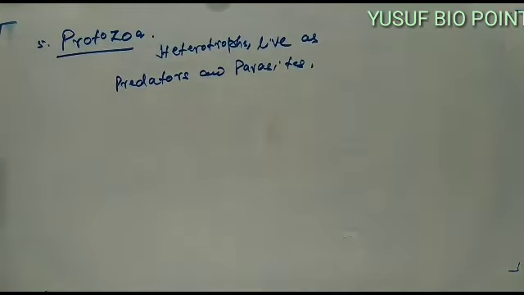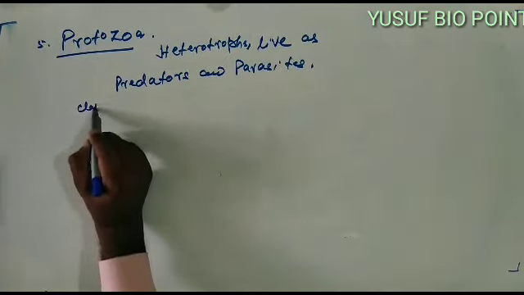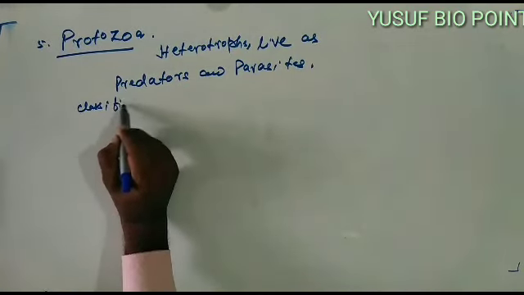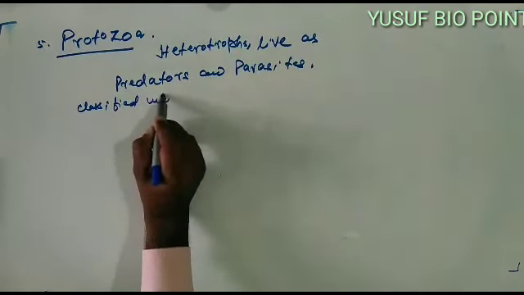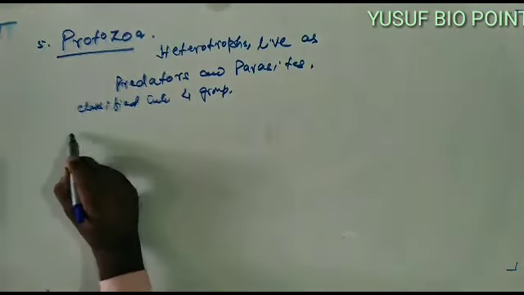That means the heterotrophs live both as predators as well as parasites. Classified into four groups.